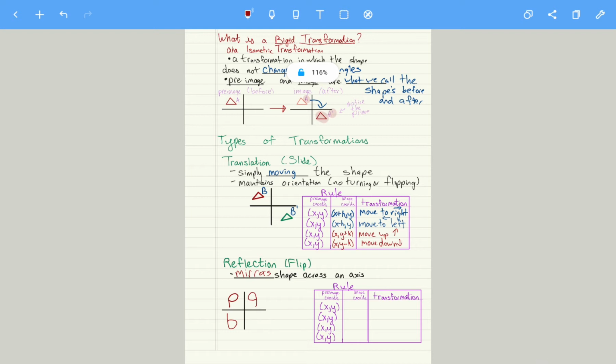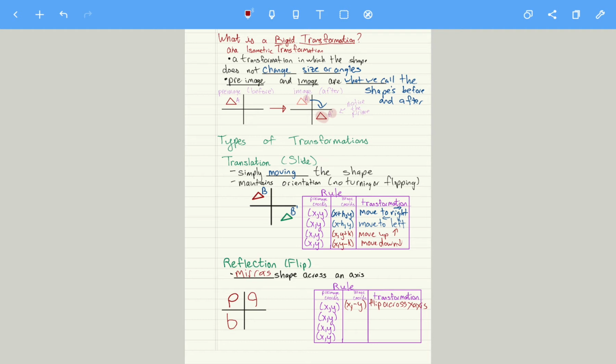Let's say we are flipping across the x-axis. Then the x coordinate will actually stay the same, but the y coordinate will change signs.